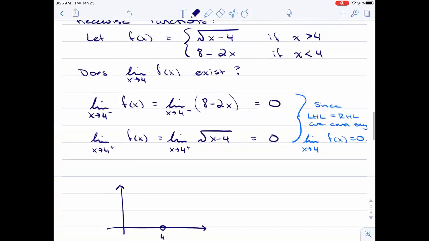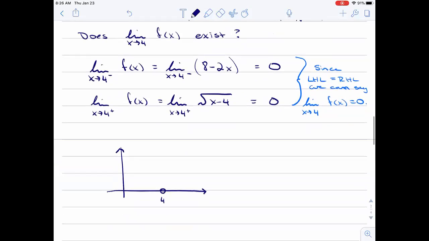It's an open hole, right? Because it's not defined at x equals 4. So the limit is 0 at 4, but the function doesn't have to exist at 4. And if x is less than 4, then I've got this straight line 8 minus 2x.